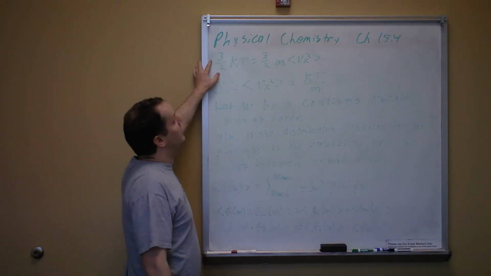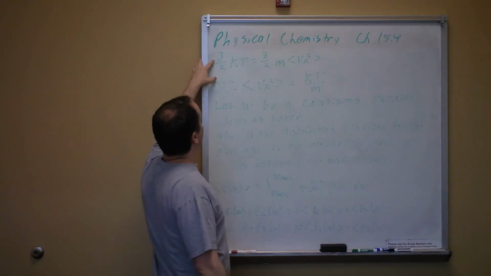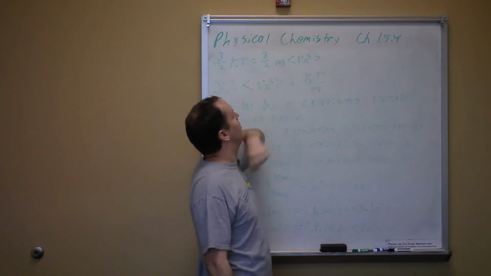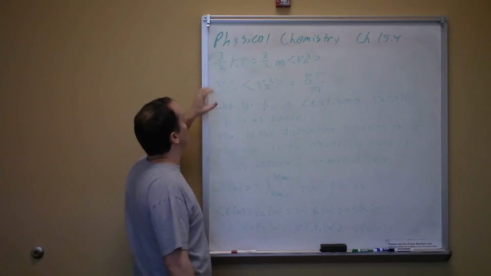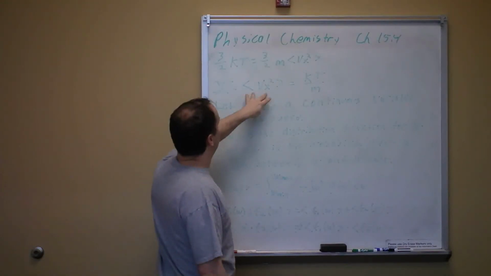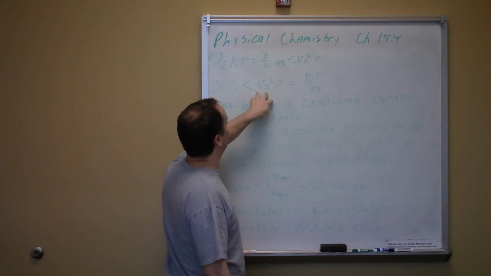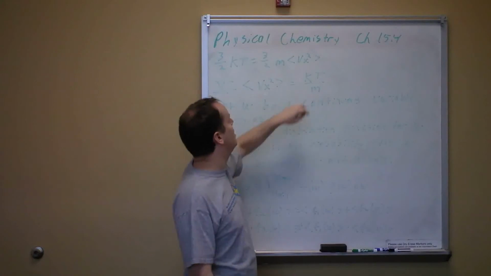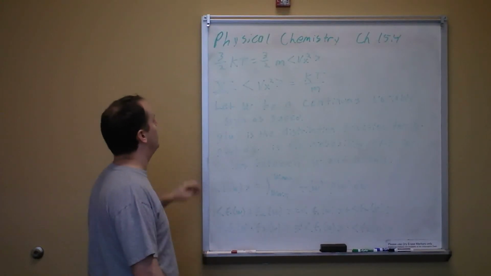Okay, so by transitivity of equality, now we can say that 3/2 kT is equal to 3/2 m times the x component of velocity squared. That's average, remember. So that gives us equation 10, that the average x component of velocity squared is equal to the Boltzmann constant times the absolute temperature divided by the mass of one molecule.